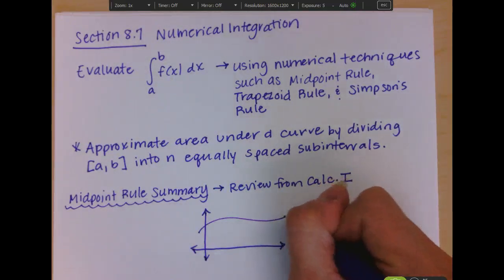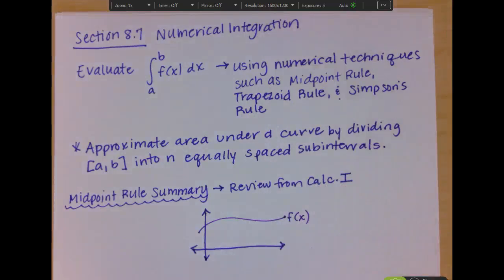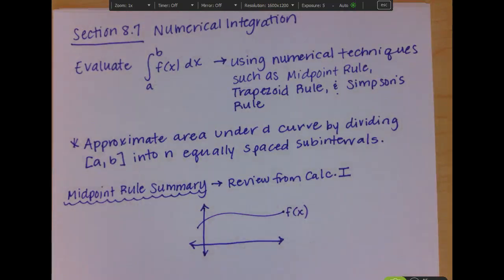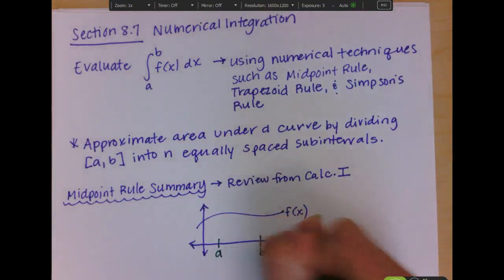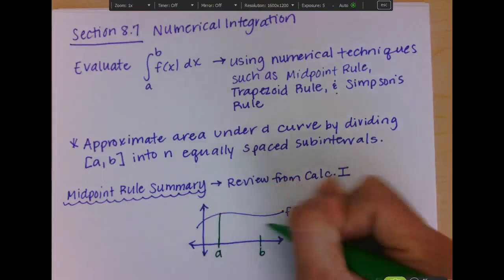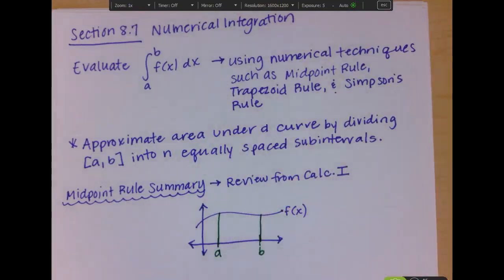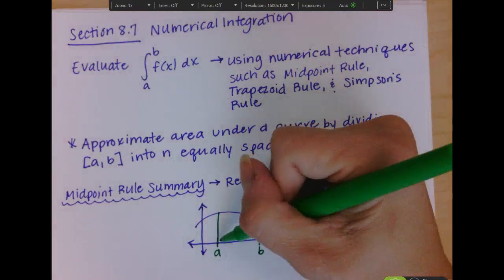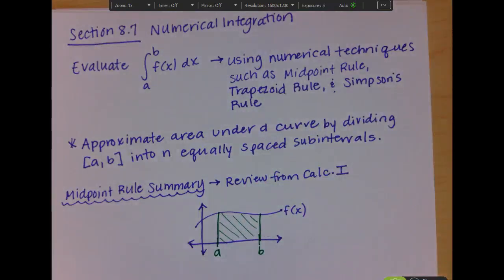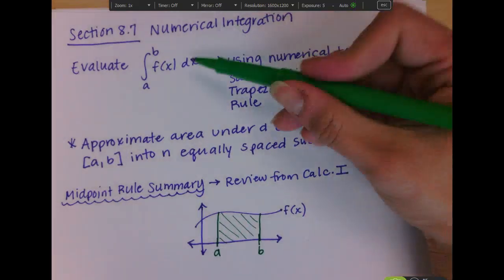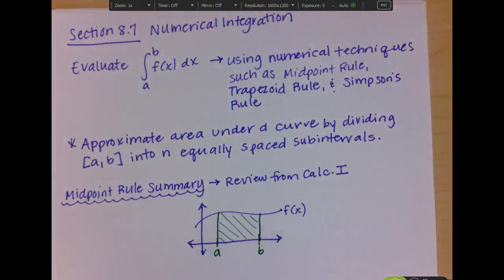Once again, let me give you an idea of what the midpoint rule is doing. We're taking some function, f of x, and we are looking at it over a specific interval from A to B. If I cut this function off at those endpoints A and B, I get this area under the curve, which is what represents this integral that I've written up here.